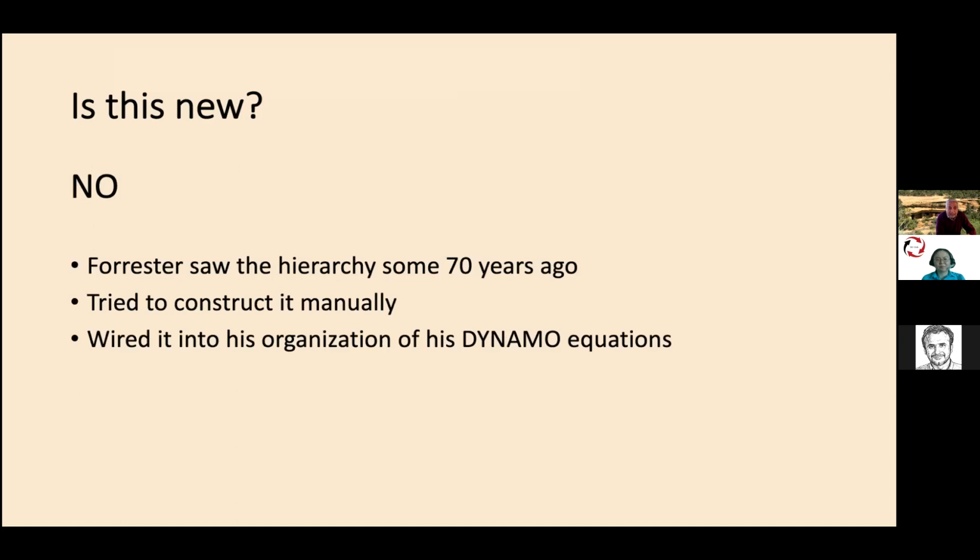And he wired it into his organization of DYNAMO equations that he wrote for his models. And I dug a little bit into it, and I was amazed that he thought of it a long time ago. And again, I think it's our loss that we have missed it.